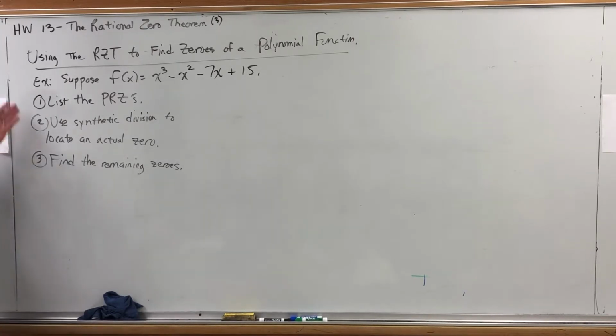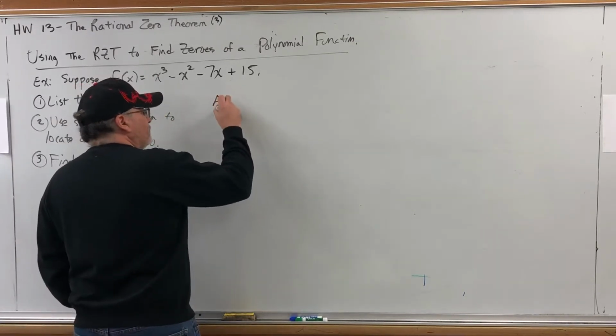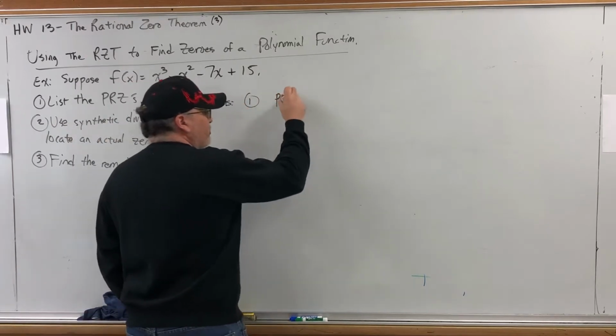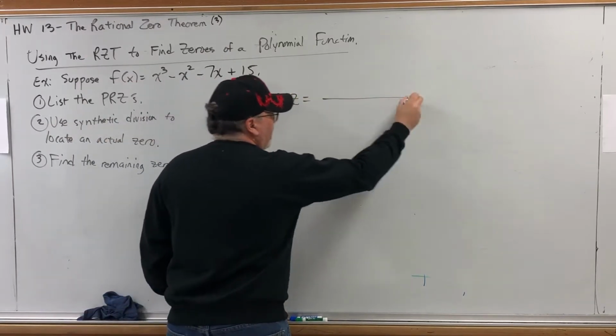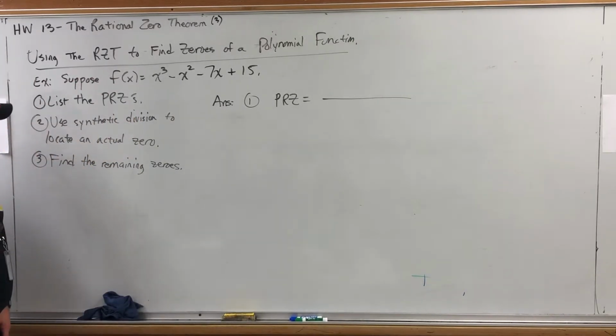Here's a function, list the possible rational zeros, use synthetic division to locate an actual 0, and then find the remaining zeros. So here's how it would go. First, we need to list the possible rational zeros. And remember that the rational zero theorem says that the only numbers you need to consider have a certain form.